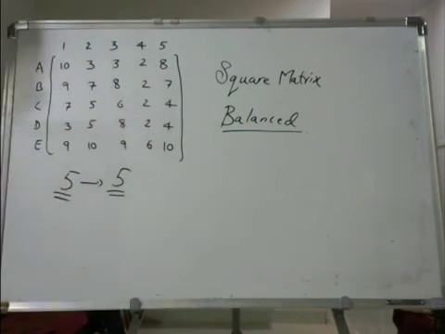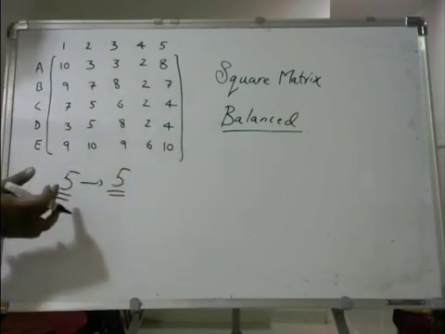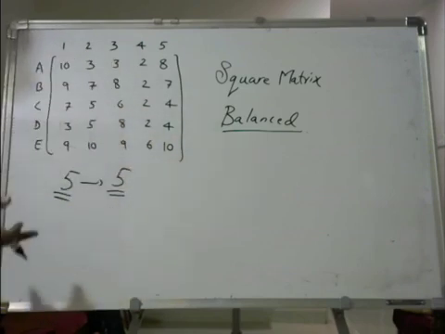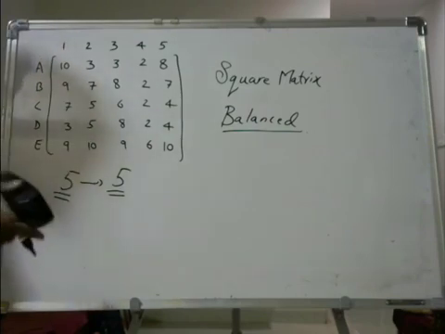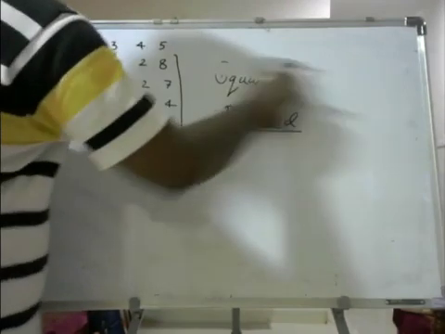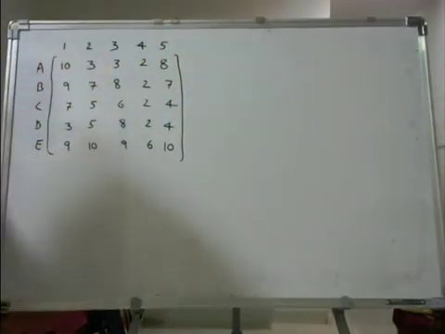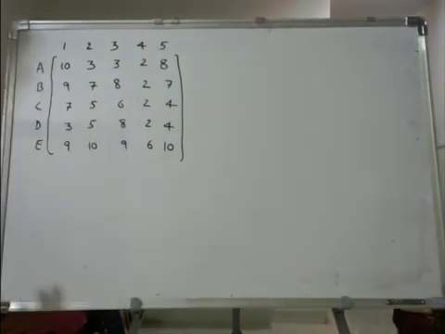What to do when it is an unbalanced problem? Just like in the transportation problem, you have to take a dummy row or a dummy column and assign the values 0. That will help you balance the assignment problem. The first step is to find out whether it is a balanced problem or not.